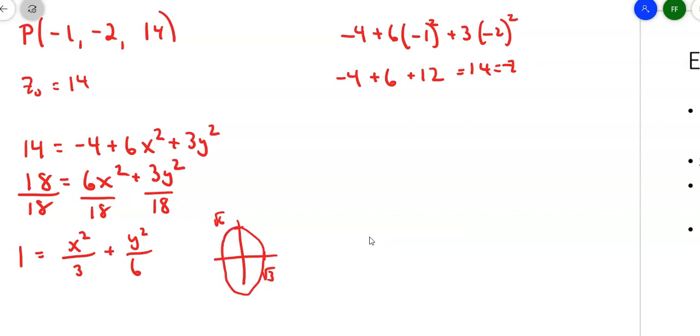All right, the next question asked about maximum increase, maximum decrease, and no change. Well, for that, we need the gradient. So our original function, again, was negative 4 plus 6x squared plus 3y squared, and that was our f(x, y).